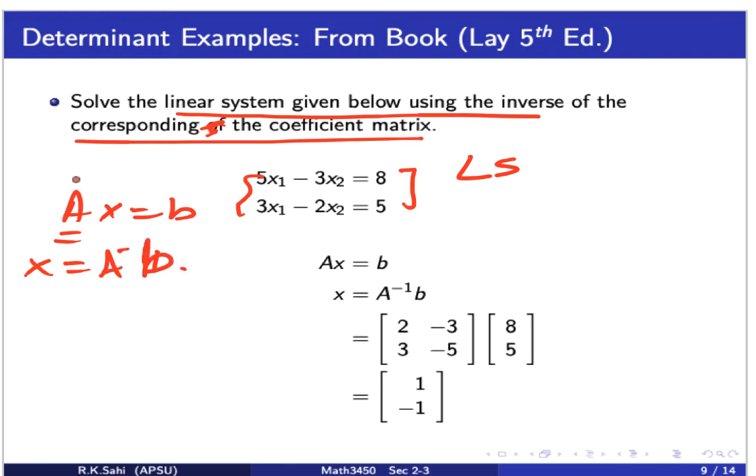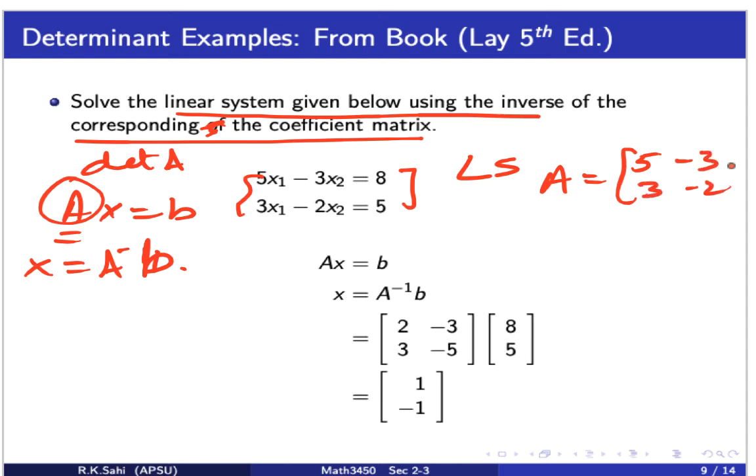So the only thing we need to know is, is A invertible? To find that, what do we do? We find the determinant of that matrix. If the determinant of A is non-zero, good to go. So let's go ahead and do that. Let's write the A matrix. My A matrix is 5, -3, 3, -2.